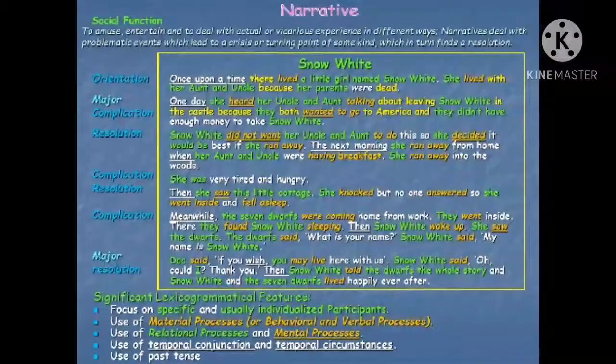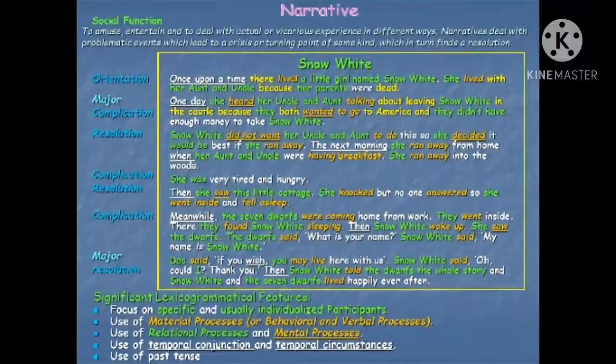And material process must be like talking, the orange color, talking, and then what is to do, run away, material process, right? Knocked, answered, fall asleep, and then relational process and mental process.